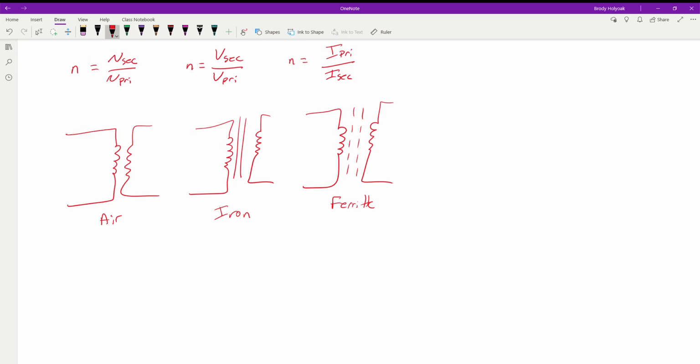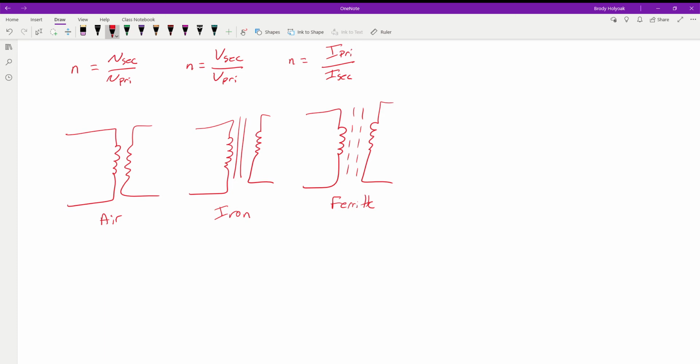So now we understand what our schematic symbols are going to read, so we can identify what type it is. As a note, one of the questions on the quizzes is to determine what type of core a transformer has. It's also something to note because sometimes you'll be in situations where you can't use a magnetic core, so you have to make sure you have a transformer that is not made out of ferrite.